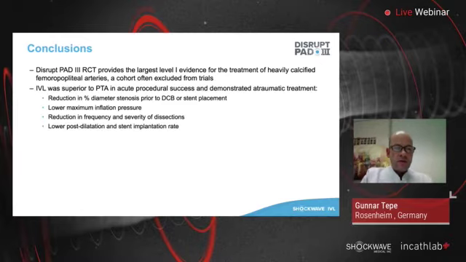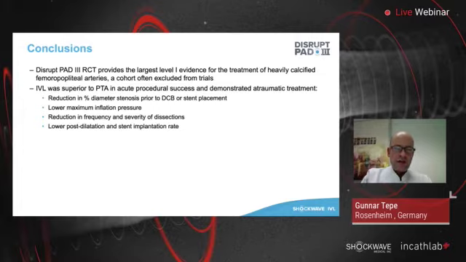Then IVL was superior to PTA in acute procedural success and demonstrated atraumatic treatment, with a reduction in percent diameter stenosis prior to DCB or stent placement, low minimum inflation pressure, reduction of frequency and severity of dissections, and lower post-dilatation and stent implantation rate.